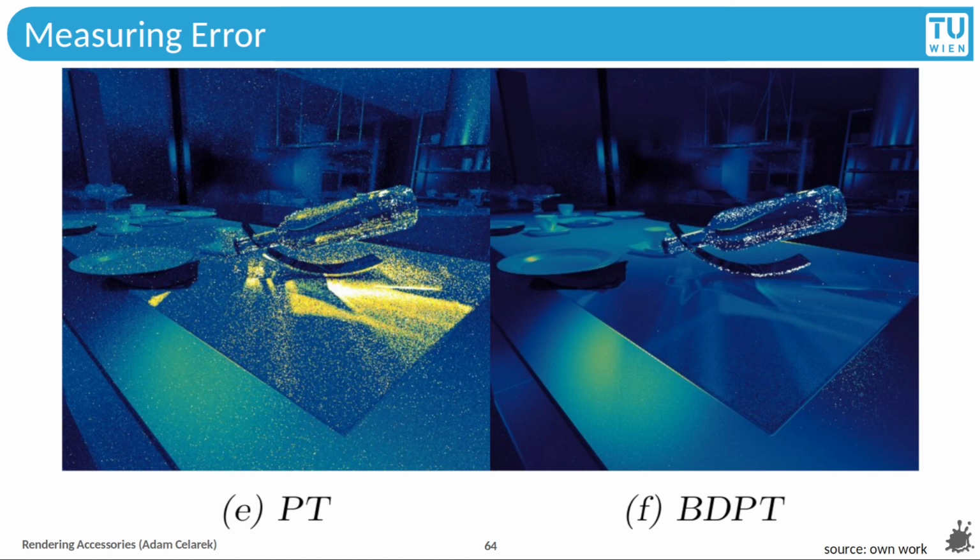This is because bidirectional path tracing has fewer samples because one sample is more expensive, and therefore we simply have fewer samples in that bottle. So generally, if you develop a new algorithm, it is good to know its strengths and weaknesses. And this is a good method to do that. In my opinion, better than comparing ground truth to real images like we saw in the intro.